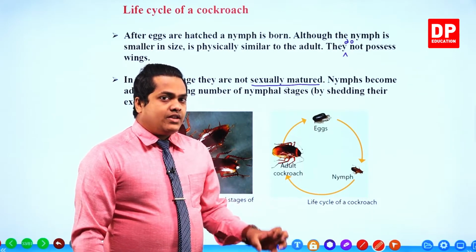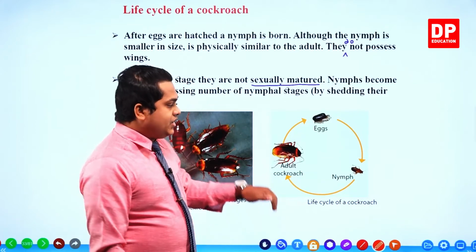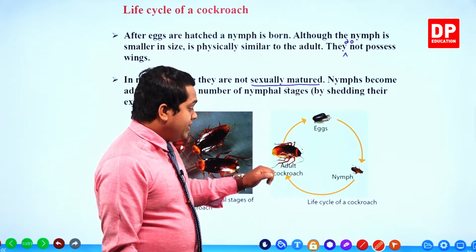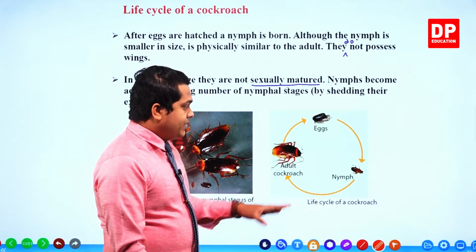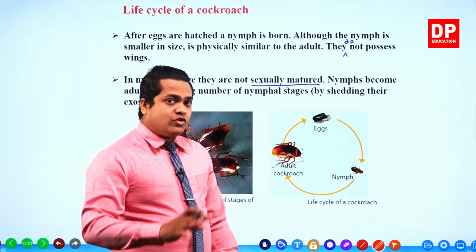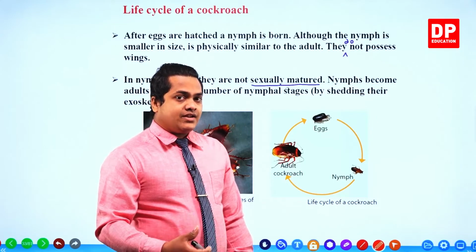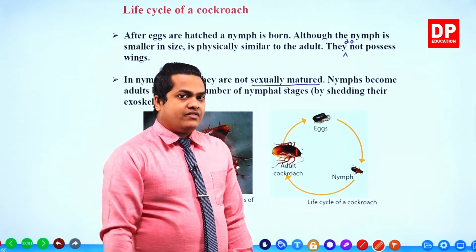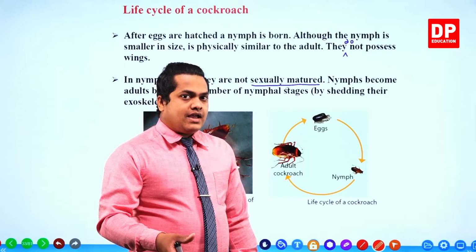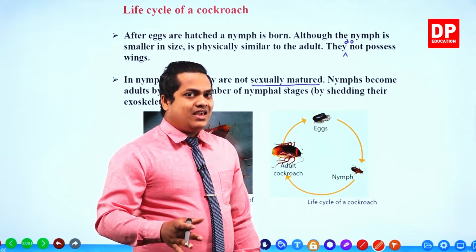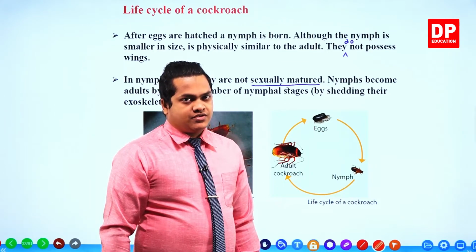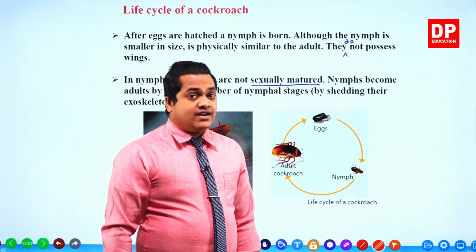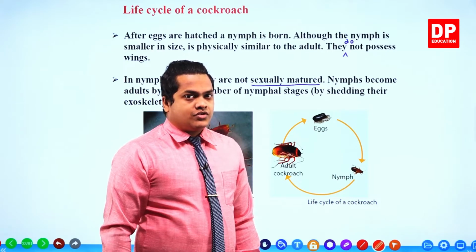So when the nymph is gradually developing into a cockroach, it is going to shed the exoskeleton, or the outer body covering, gradually, and upon shedding the exoskeleton, finally the wings come out. So that's the adult stage of the cockroach.